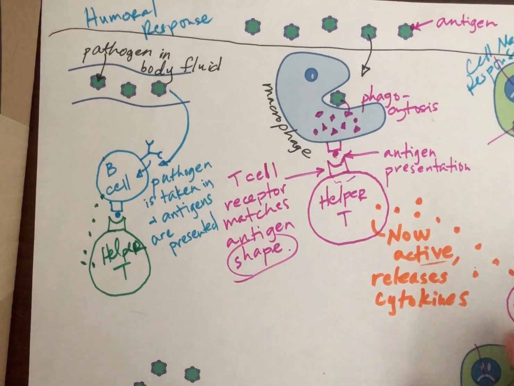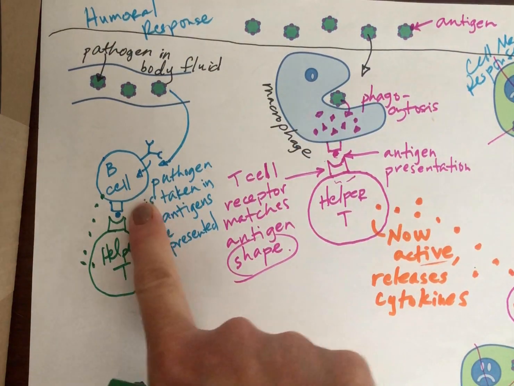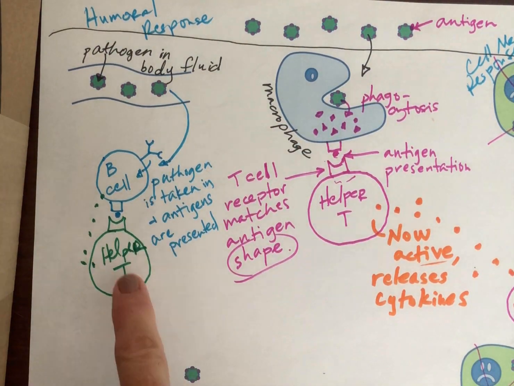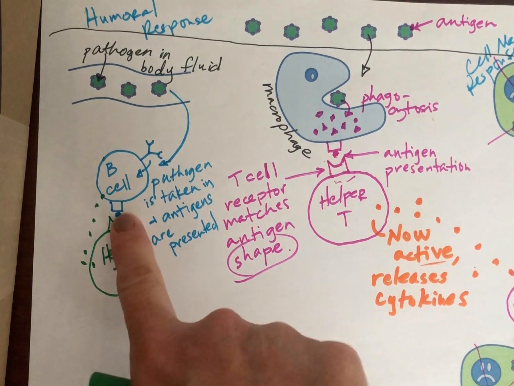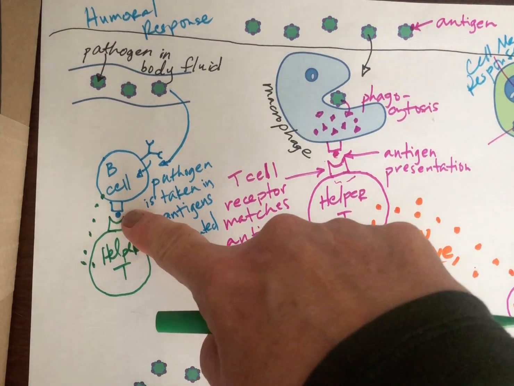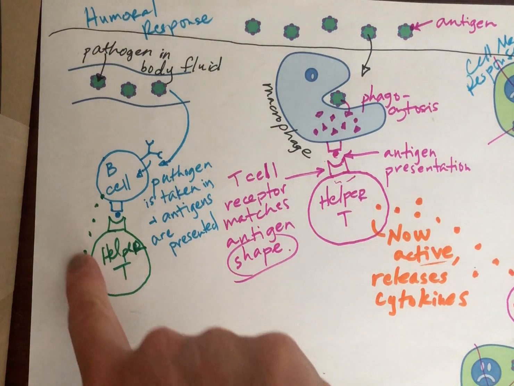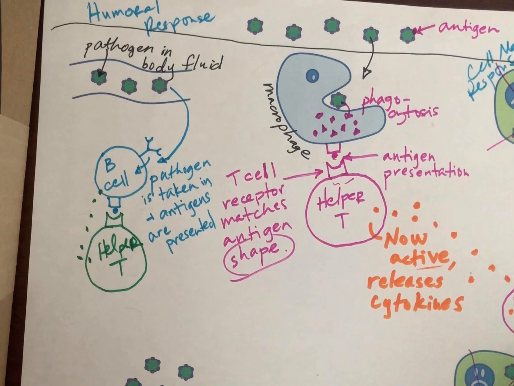So in summary, pathogen gets taken in by the B cell, antigens are presented, a helper T that is bearing the same receptor shape is going to identify this B cell as presenting that antigen, and is going to activate the B cell using cytokines.